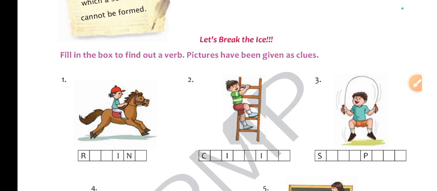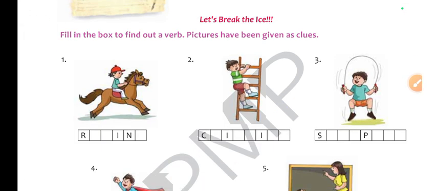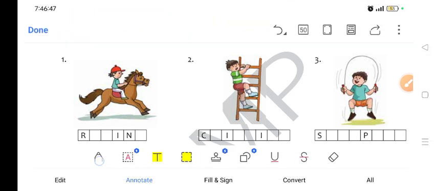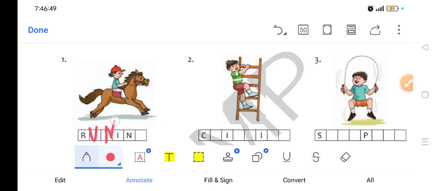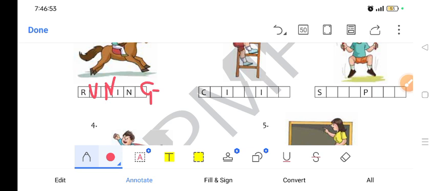All right, so let's begin. Fill in the box to find out a verb. Pictures have been given as clues. So the first word is running. Running. The next word is climbing. Climbing. Next word, skipping. What is the boy doing?